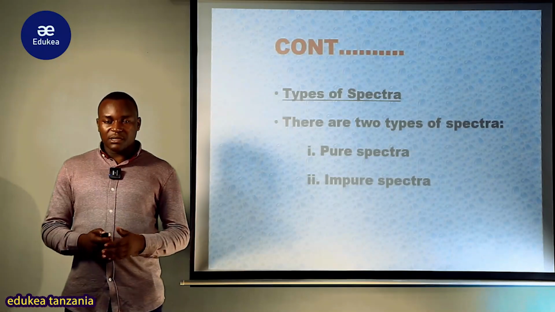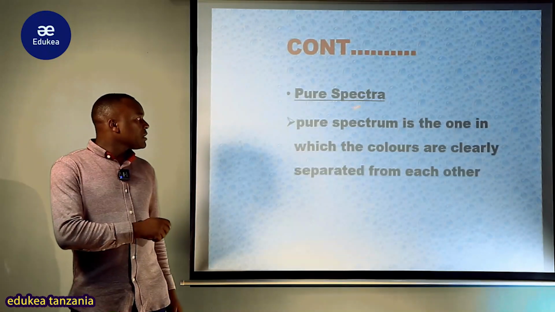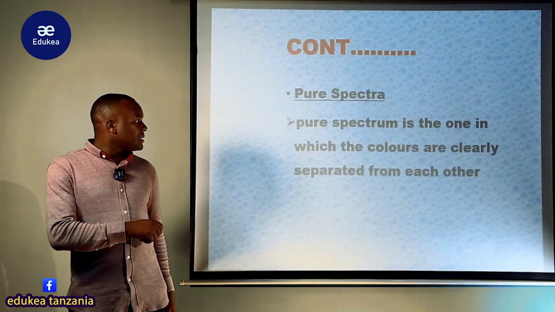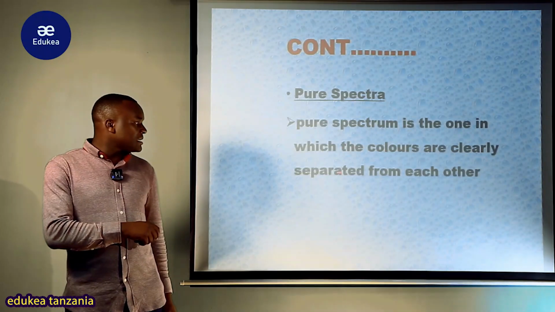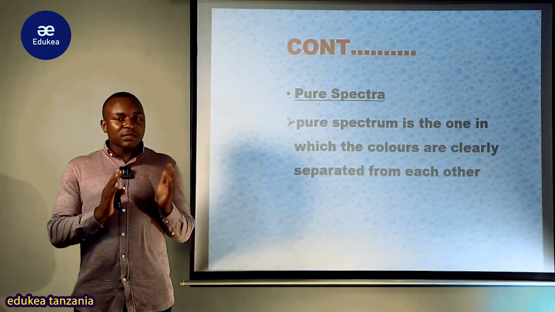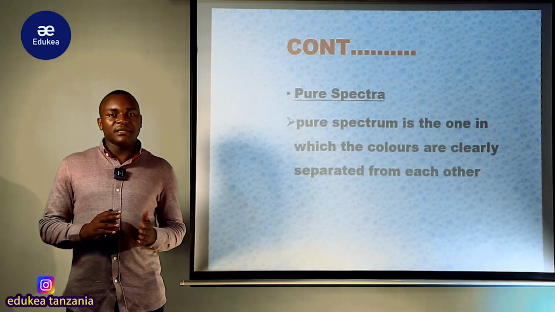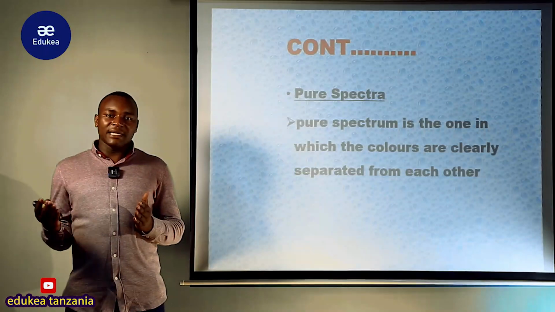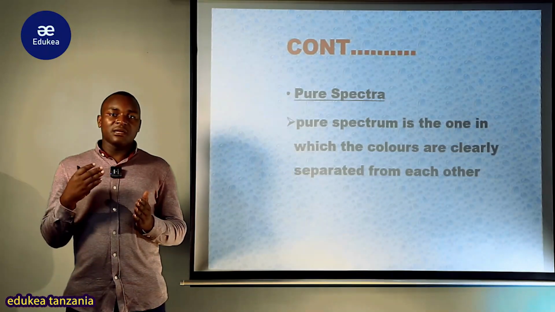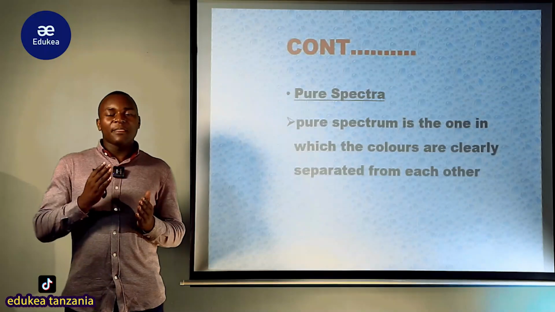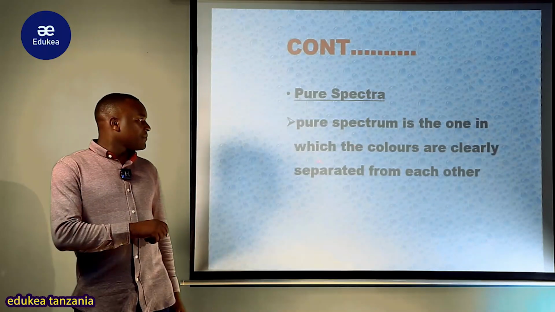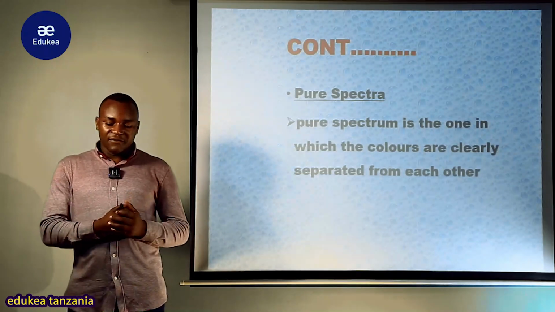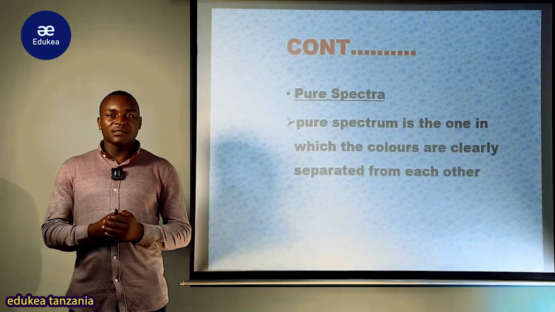Okay, starting by looking at pure spectra, we say that pure spectra is the one in which the colors are clearly separated from each other, kwamba pure spectra ni aina ya spectra ambapo after dispersion zile colors ambazo ni component ya ile white light zinakuwa separated na unaweza kuziona clear, kwamba zinakuwa separated from each other clearly. Hiyo ni pure spectra.